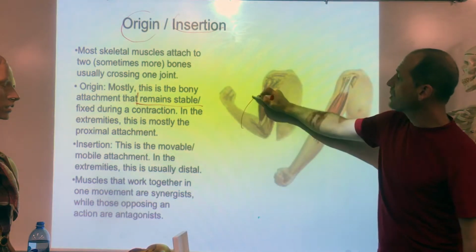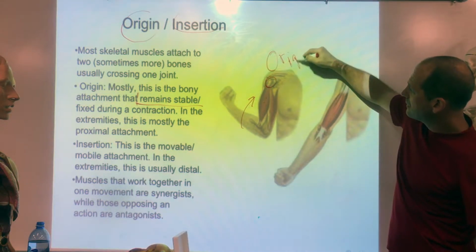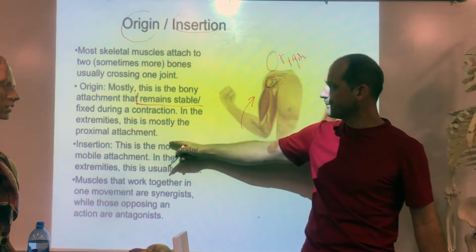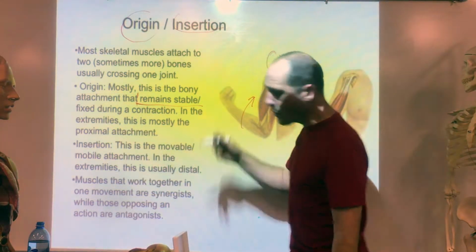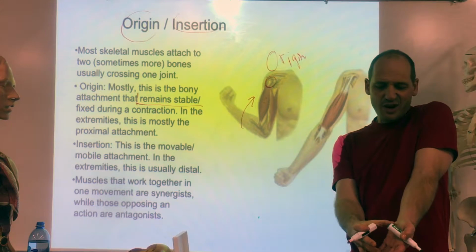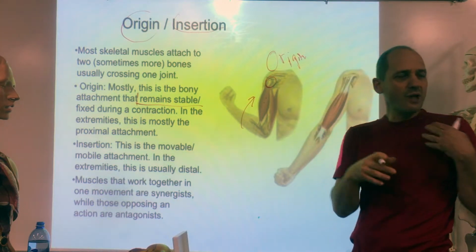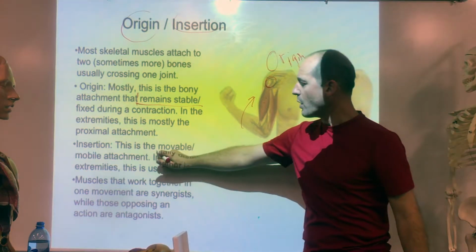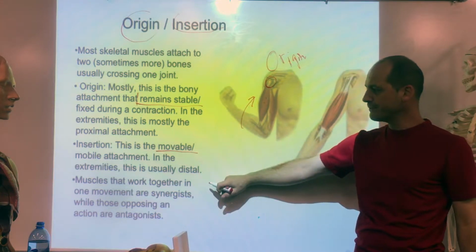So in an elbow contraction, this is the origin, like in a bicep. The insertion, in the extremity, is most of the proximal attachment, so it's mostly the one closer to the end. We're not moving the most, we're doing this. So the origins are usually up here. And then the insertion is the movable part of the attachment. In the extremity, it is usually distal.